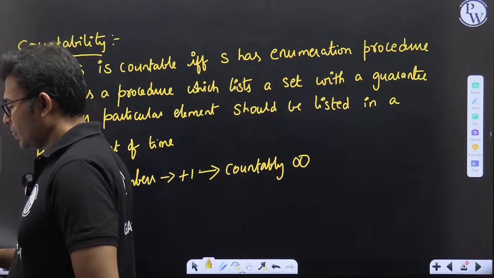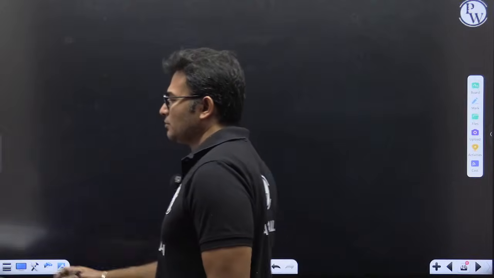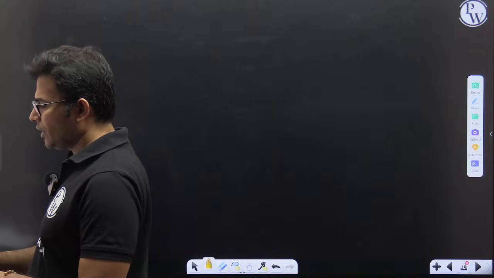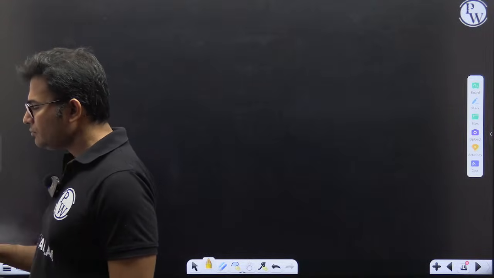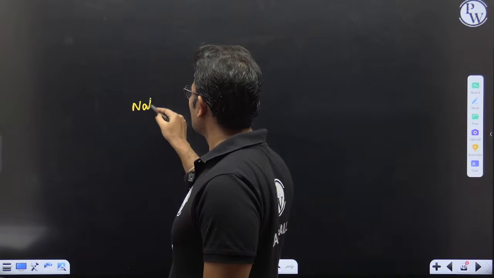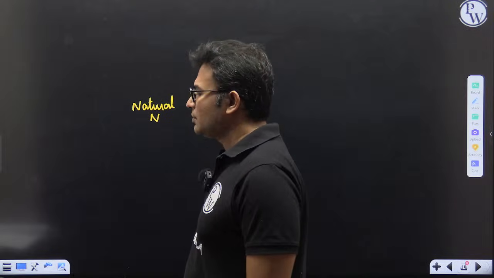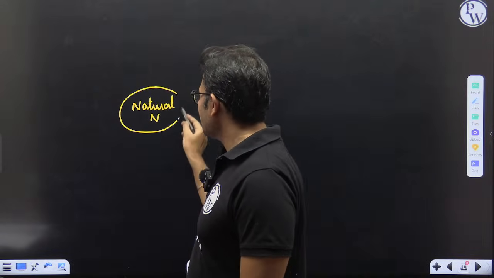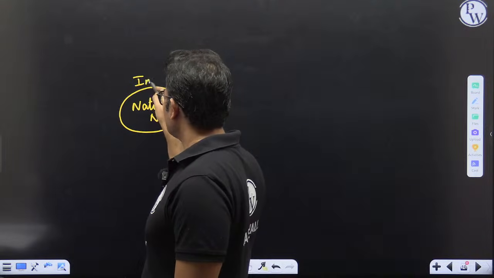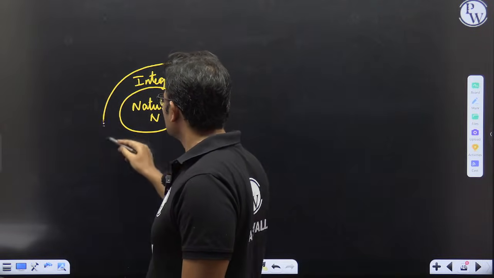Now, if you see the set of all numbers, there are different kinds of numbers. One is natural numbers N, and natural numbers are a subset of integers, so integers are a superset of natural numbers.